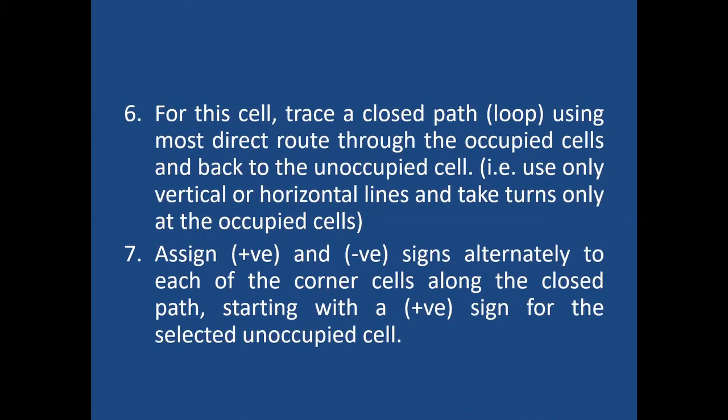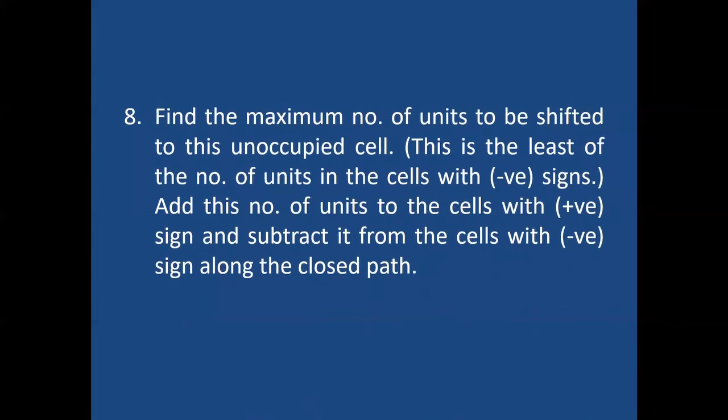Only horizontal or vertical lines. Now assign positive and negative signs alternately, starting with what? Starting with the unoccupied cell, where we are supposed to make the allocation. You have to start from there first. So put a plus sign there, and alternately put the negative and the plus signs in the corner cells wherever we are turning. After that, find the maximum number of units to be shifted to this unoccupied cell which we have selected.